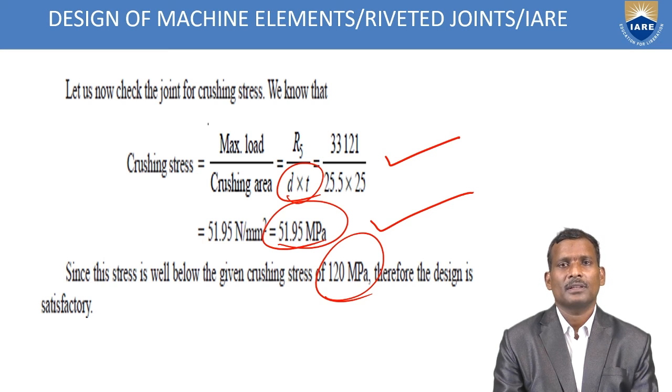Then only your design is safe. You can check for crushing, tensile or shear, but remember the calculated value should be less than the given value. Then only the design is satisfactory. Like this, you have to solve this type of problems.